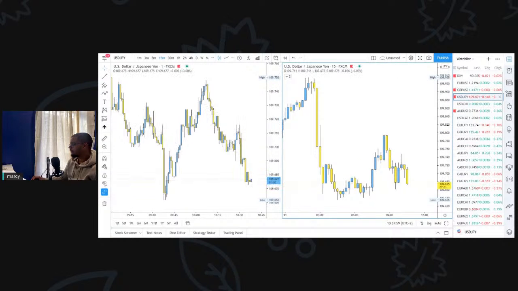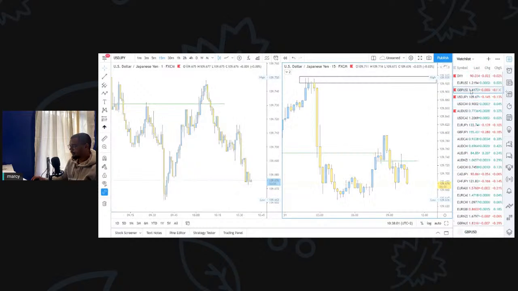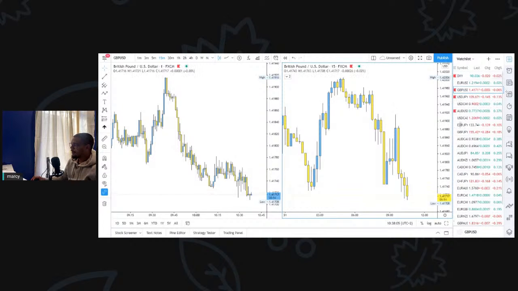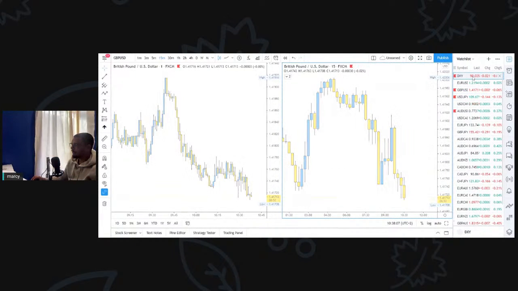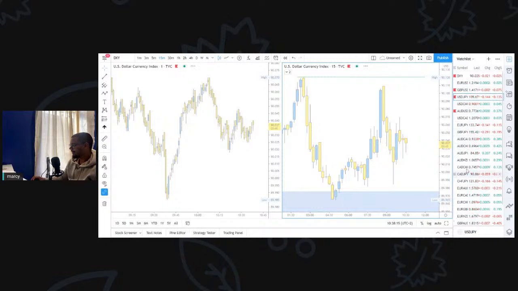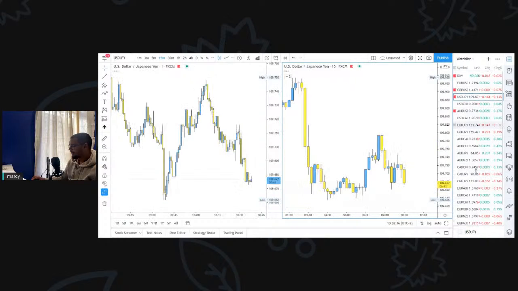It's a bit tricky. Do you understand? What is JPY? What's going on with JPY? Is JPY getting stronger? Is it getting weaker?